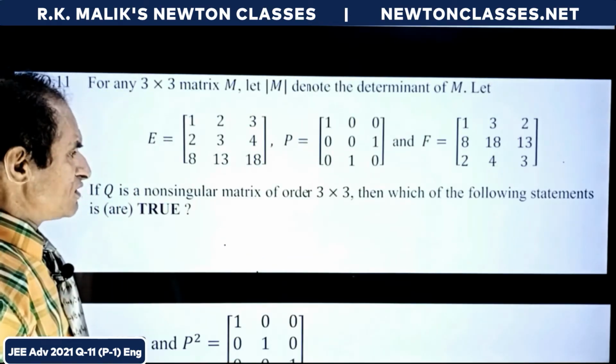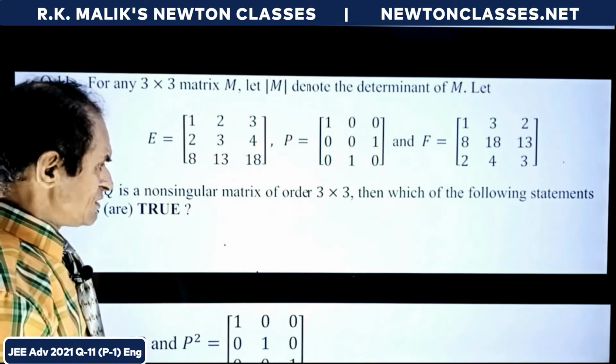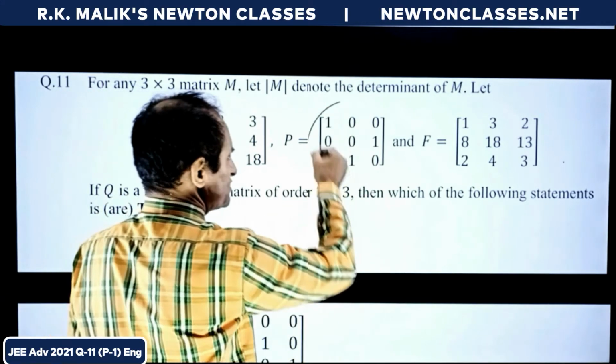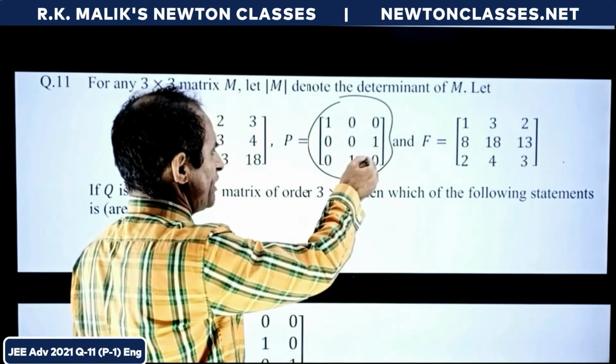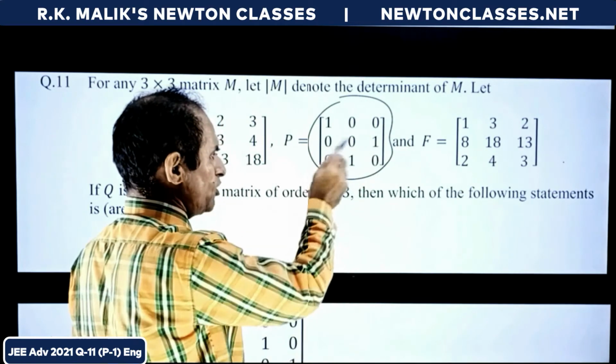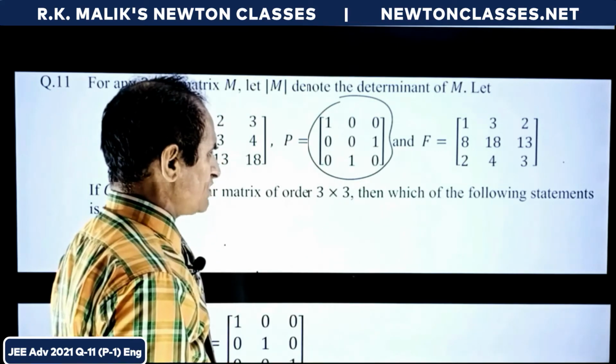For doing this question, you have to take care of one concept. See this matrix. This matrix contains 3 ones and 6 zeros, and all the ones are in different row and different column.